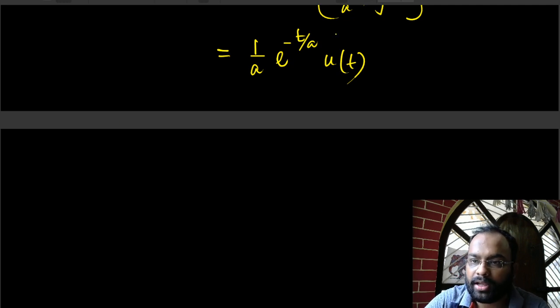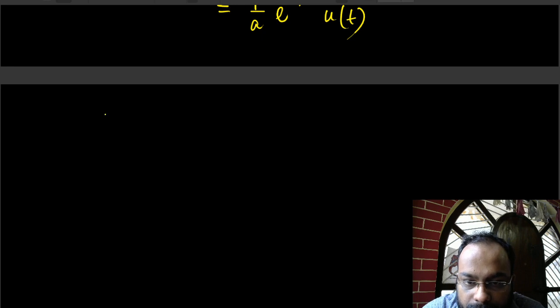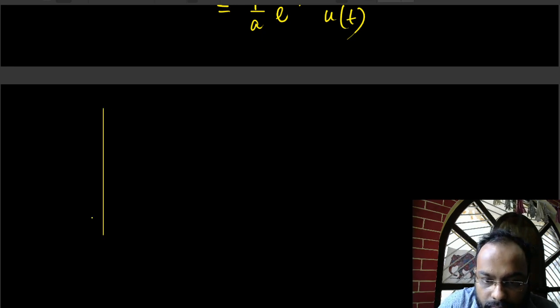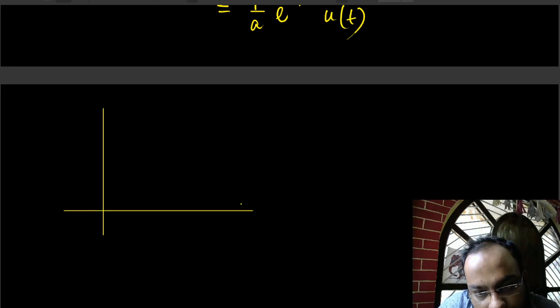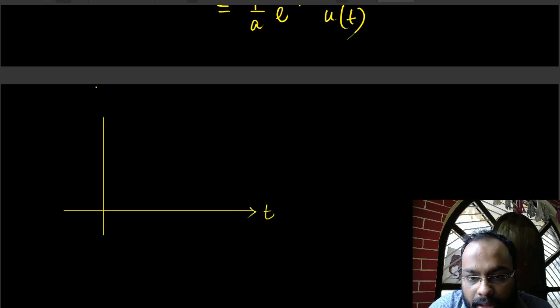If I plot this very simply, with time on this axis and the impulse response of the system on the other, what is this signal?